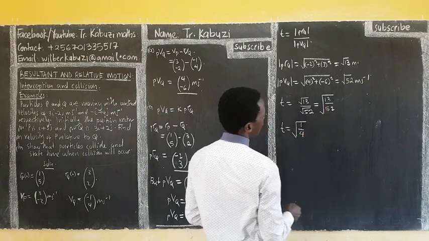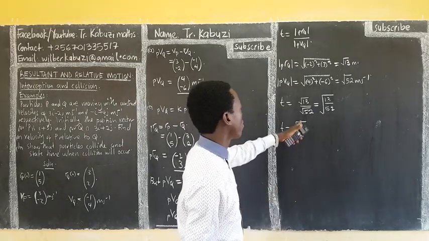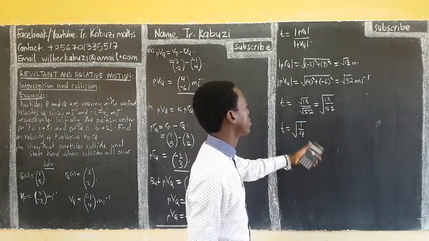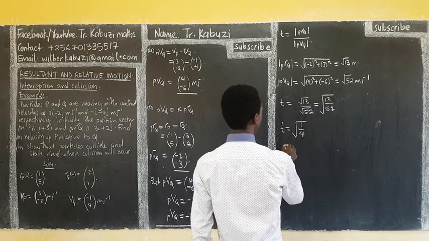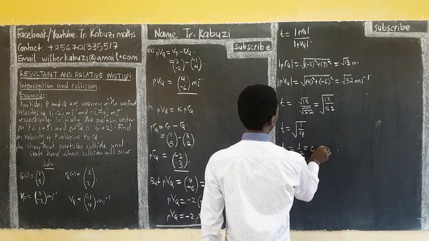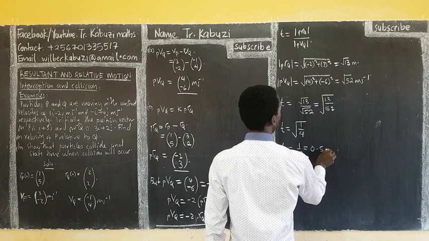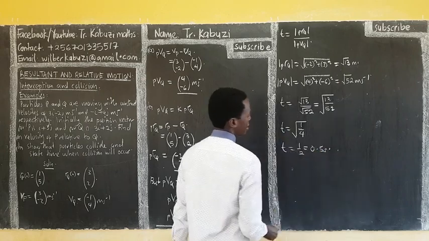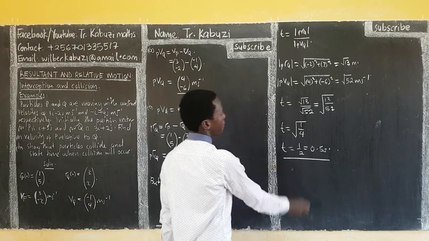So our t now is going to be a half, which is 0.5. Now these are going to be seconds, and that will be the time.